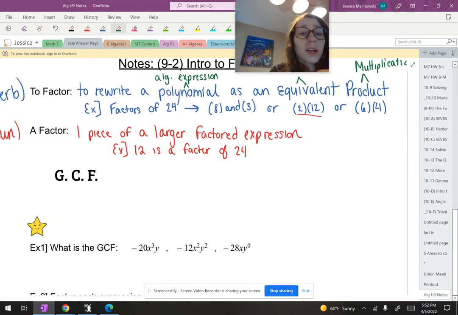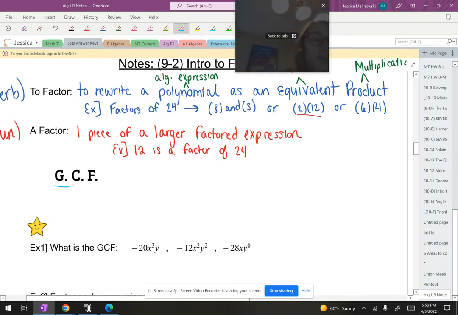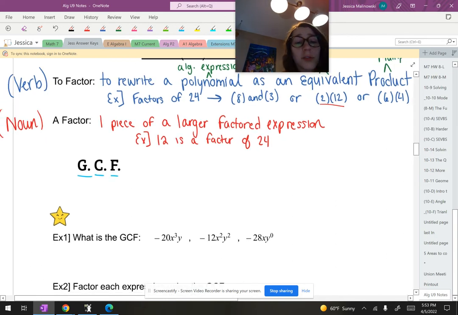GCF then. Let's go. Purple clashes with that. I don't want to do that. Let's go blue. GCF, not the first time you've heard this. GCF, your greatest common factor.